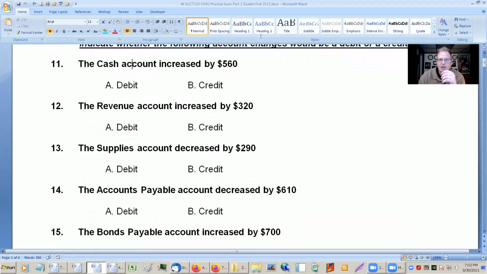And the reason I say that is, don't overthink these. You say, okay, cash went up, well, we must have sold something, like sold stock. Well, they're just asking about that account. As humans, we always try to make sense out of stuff, but they're really just asking, for that particular item, how does it increase or decrease?